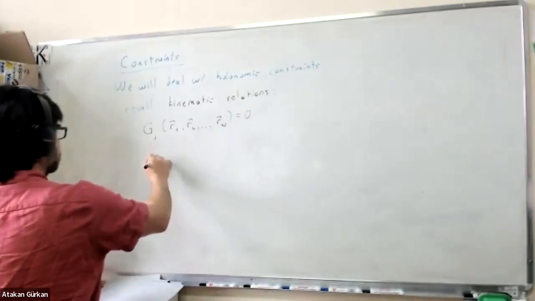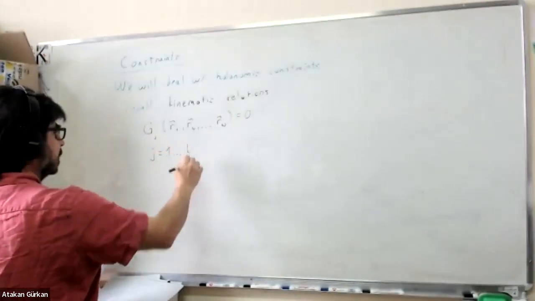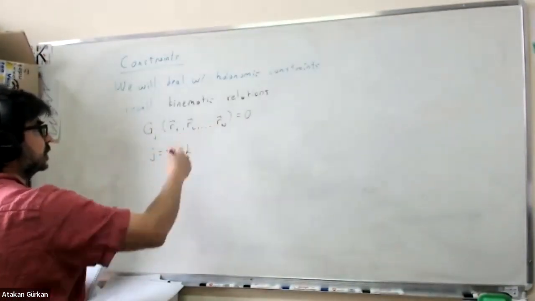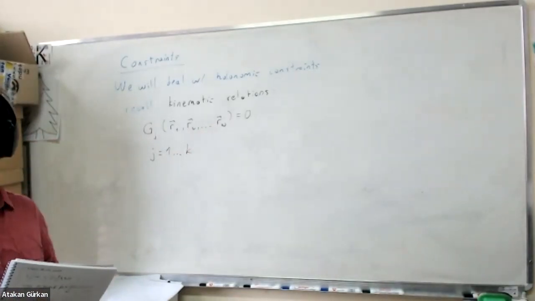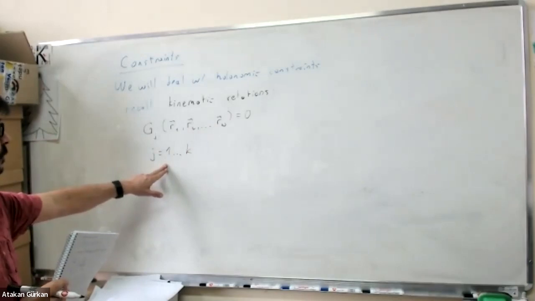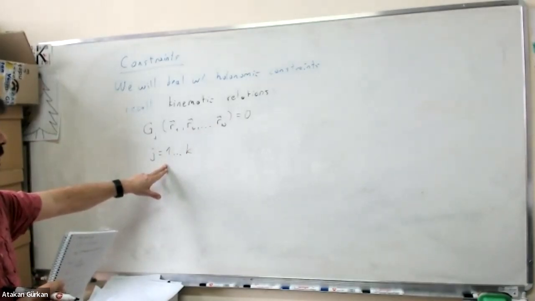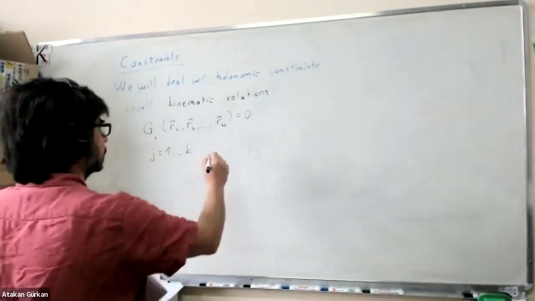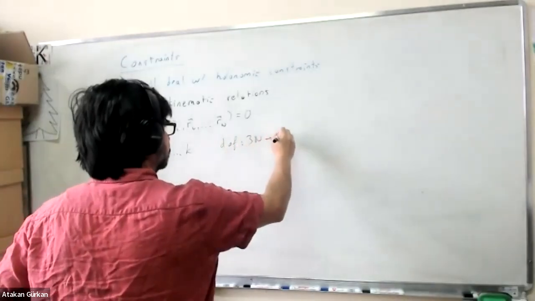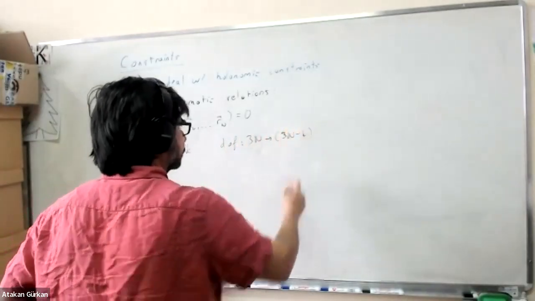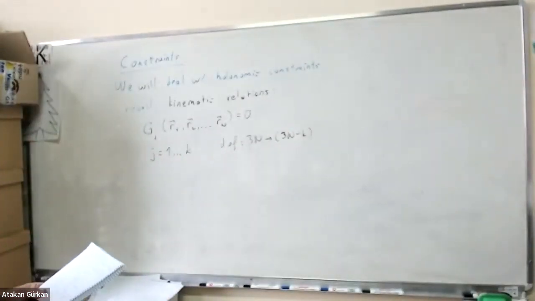So there are k of these. Because of the n particles' positions, we're going to have 3n degrees of freedom, and these k equations are going to reduce the degrees of freedom from 3n to 3n minus k. Okay. This is something we said before.